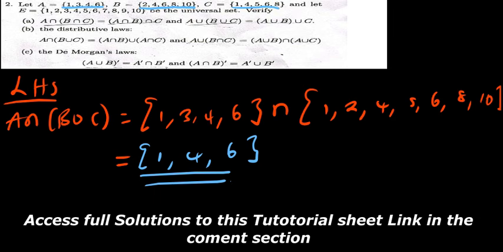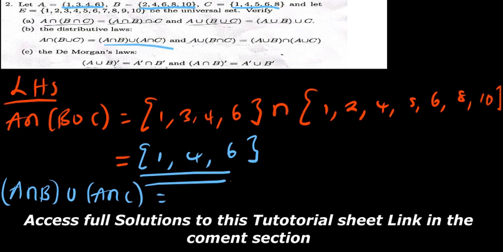So we have 1 4 6. Yes, we want to do the other one. So the other one is this now. It is A intersection B, then union, then we have A intersection C, like that.